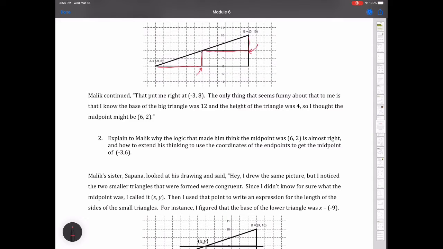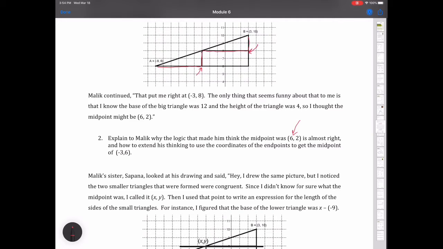Alrighty, now that you've had a chance to do that, we're going to go ahead and talk about that together. So, explaining why the logic was almost right, with this (6, 2), he's just taking the height and dividing it by 2, and the length and dividing it by 2.